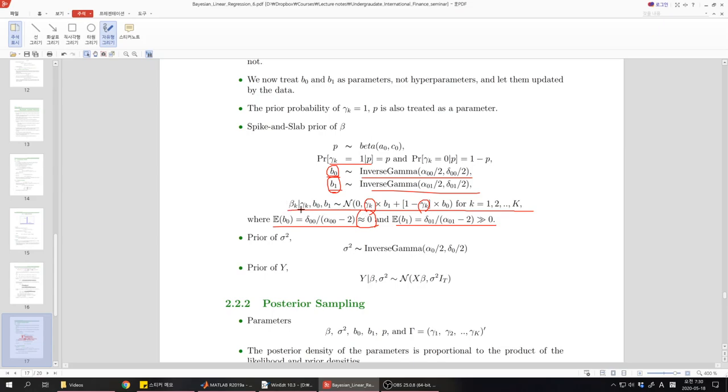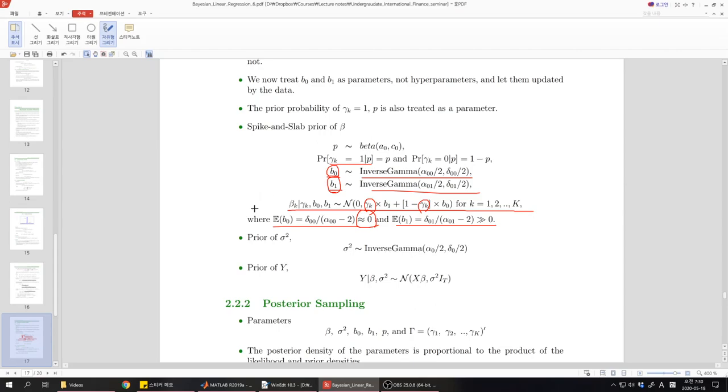But if gamma K equals 0, then the prior variance is B0, so beta K is generated from this normal distribution with a very small variance. So the realized beta K should be very close to 0. It means Sk will be treated as an unimportant regressor.